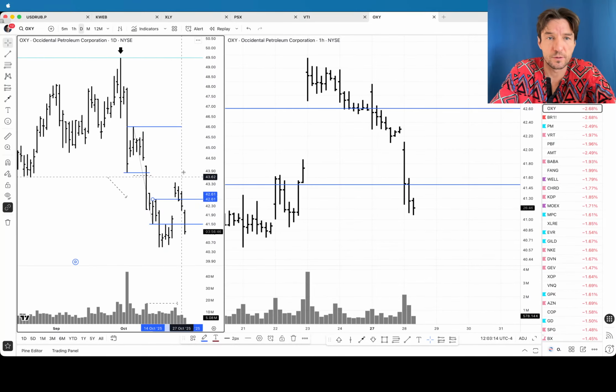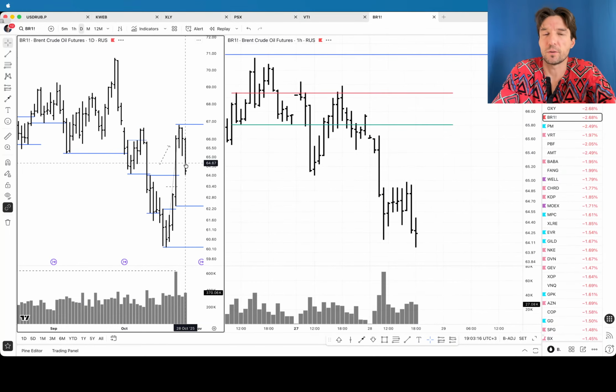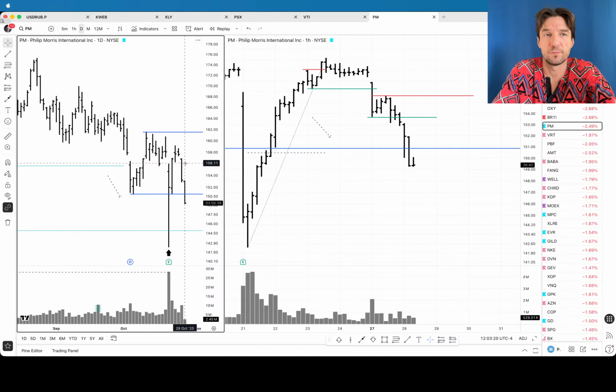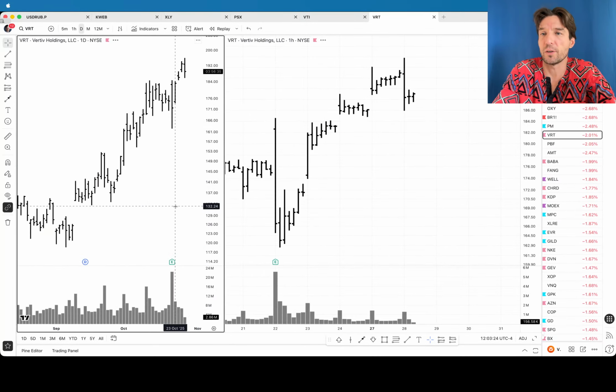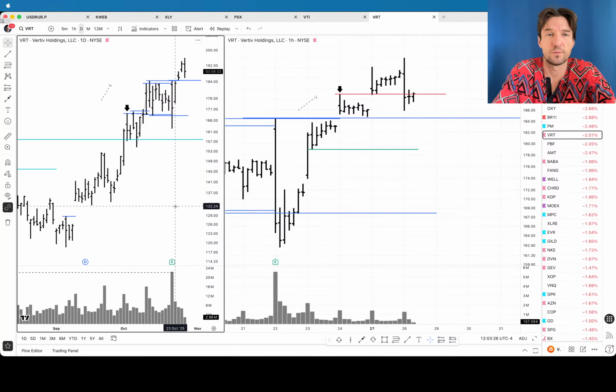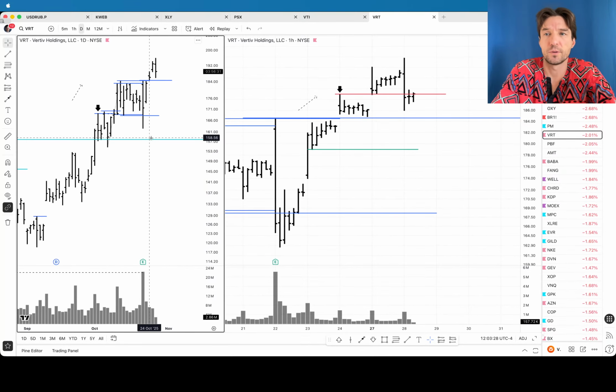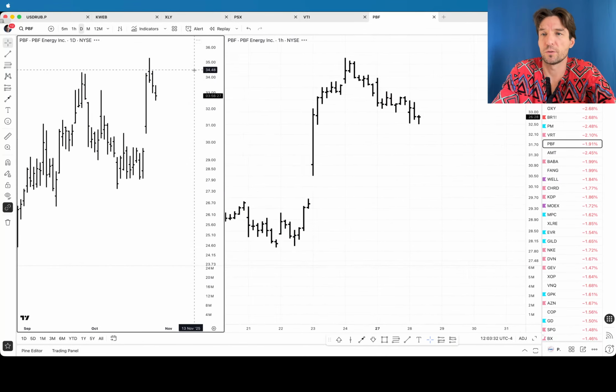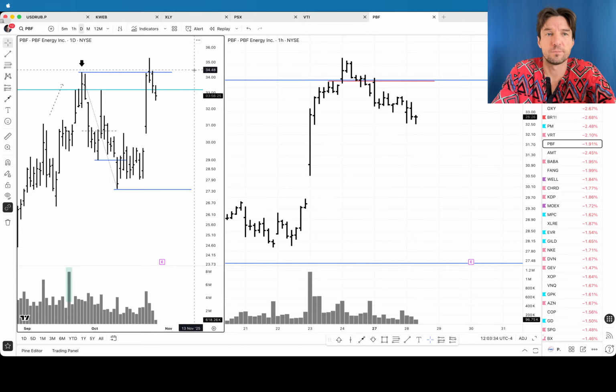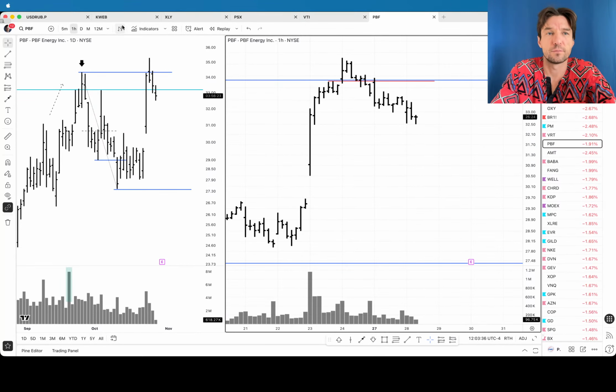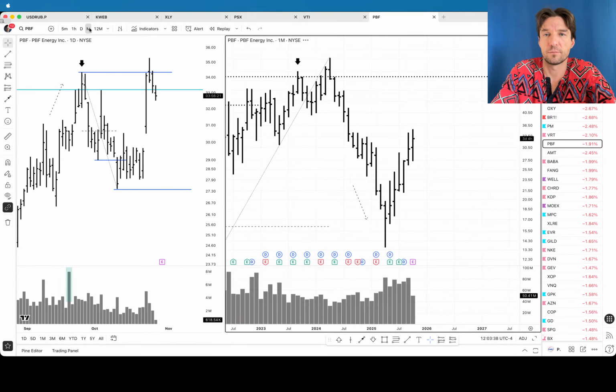And I decided to let it go for whatever reason. Yeah, I think it should break this level. I think so. It's another monthly watch.